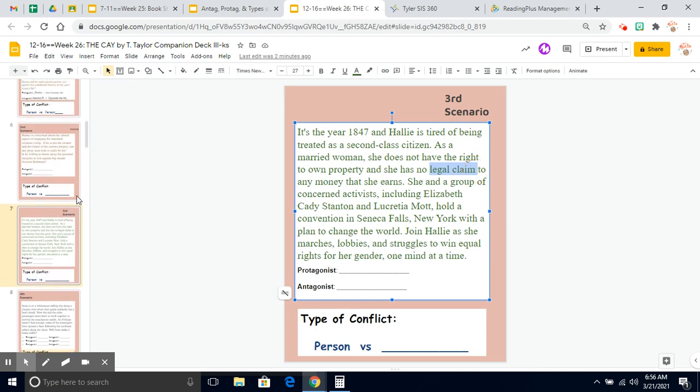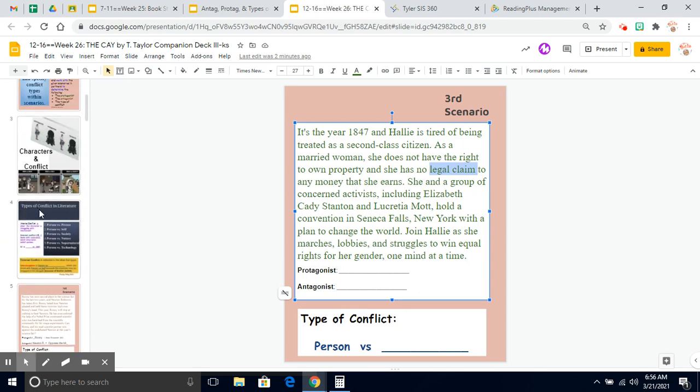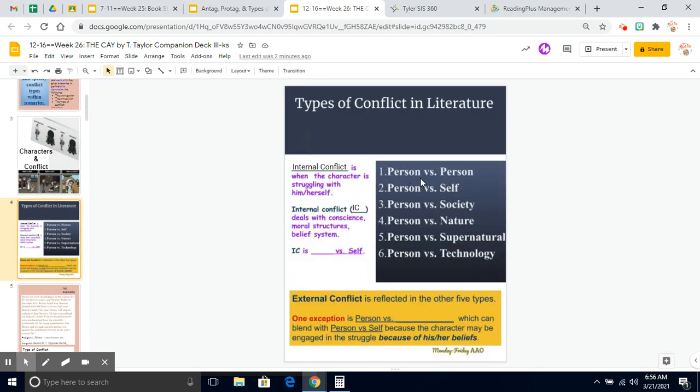Then, when you're considering your conflicts, you have to decide if it's something else, what kind of thing is Hallie fighting against? If it's not Hallie against her husband, because he's not the specific entity stopping her from legally owning land, then you have to figure out which one of these it would be.